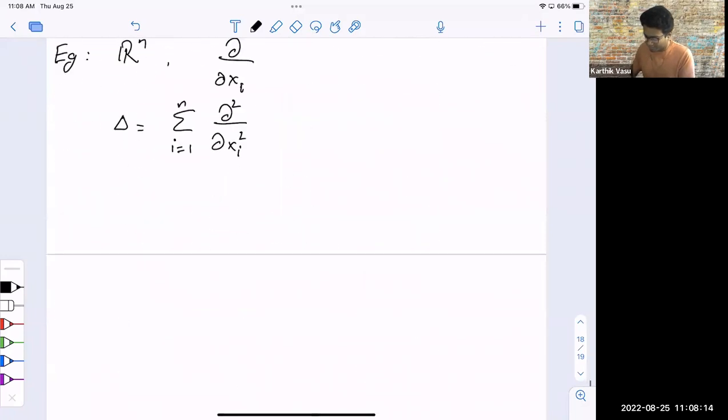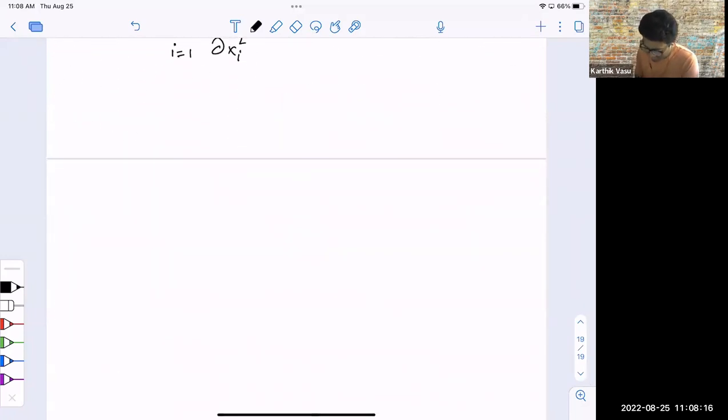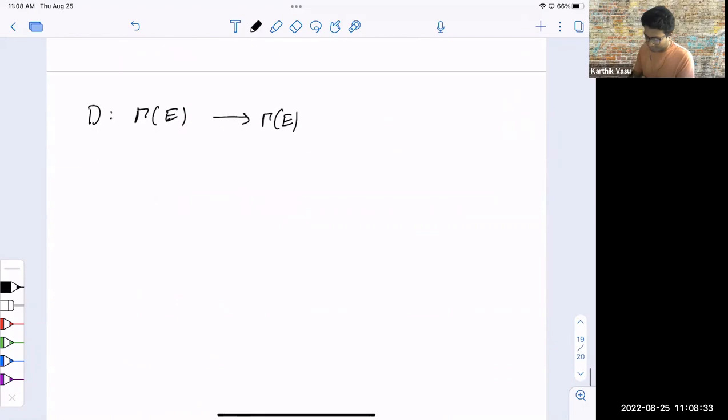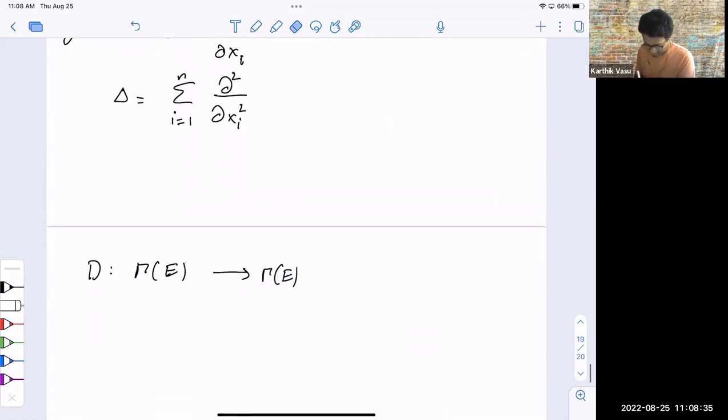So instead I could have said all this, and I would have said D is a map from, if E is some vector bundle, I could just say this. This is just to make it a general picture. If you don't like it, you can just stick with the C infinity functions, right? So here E to F, maybe I can do different things also here.